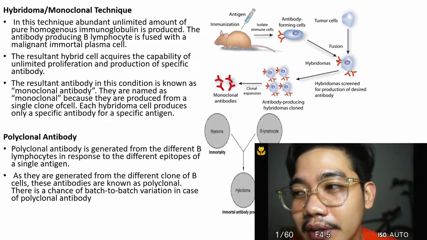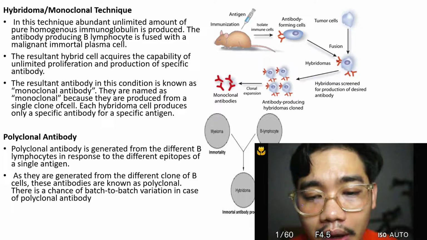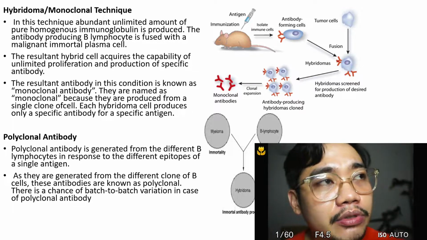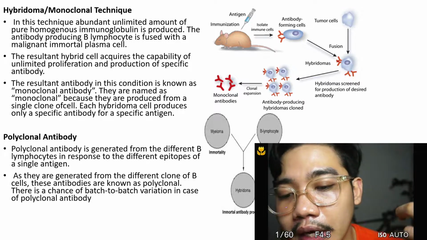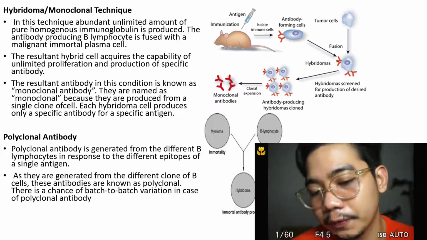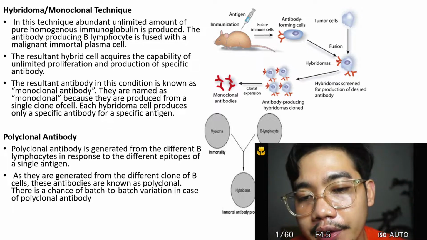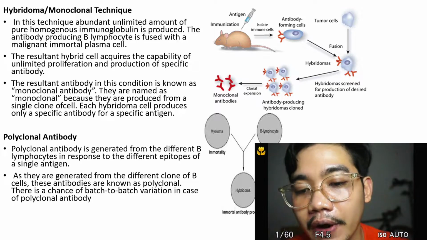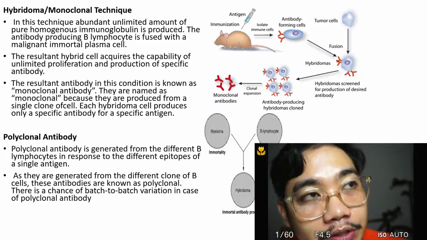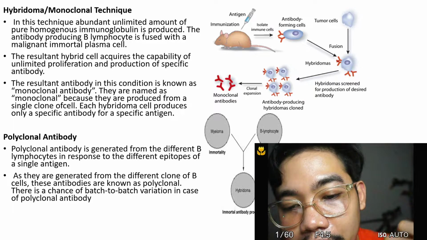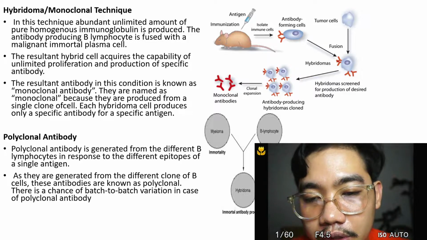It's really quite sad, because the mouse has to die. They usually take the plasma cells from the spleen, so they have to kill the mouse, open the spleen and gather viable plasma cells. These plasma cells produce antibody against the antigen that was injected, in our example, the estrogen receptor.